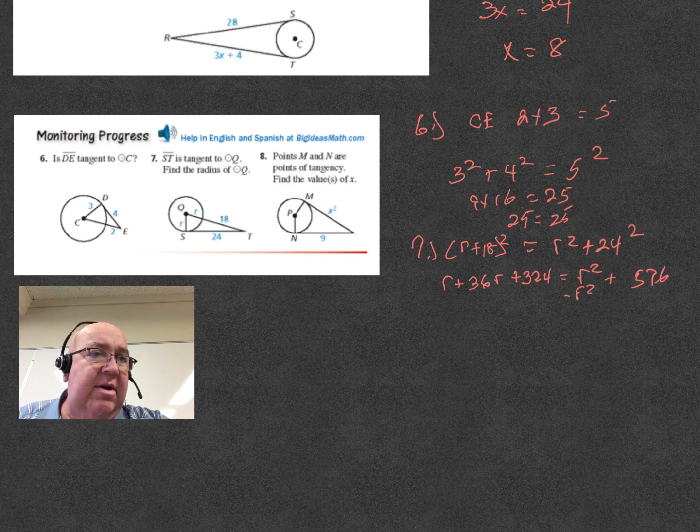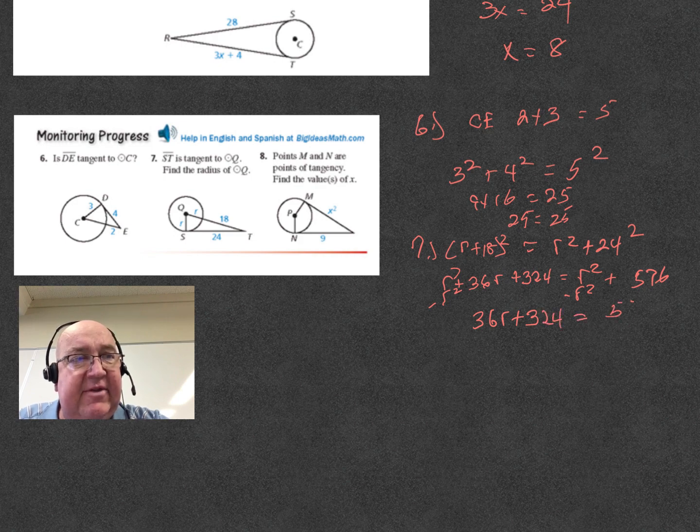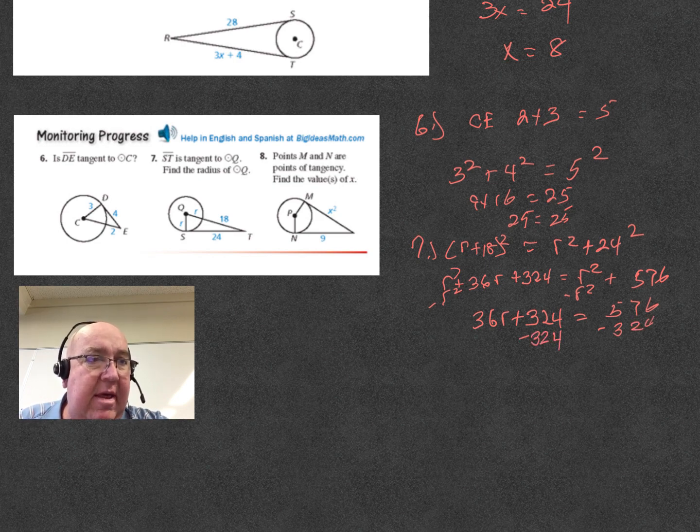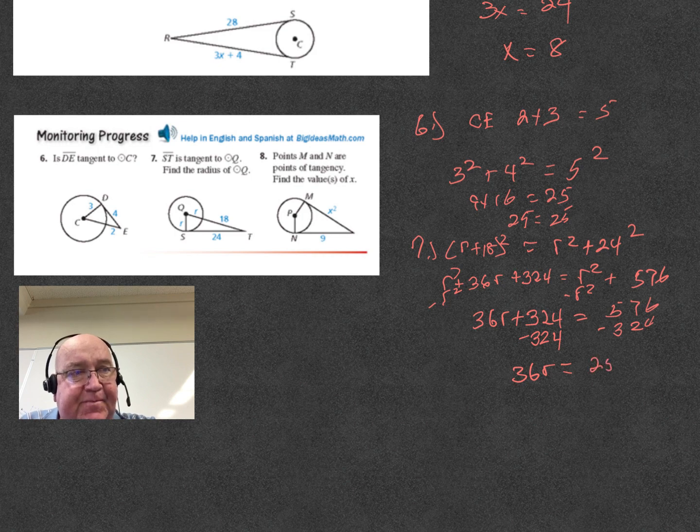Subtract r squared. We get 36r plus 324 is equal to 576. Subtract 324. We get 36r is equal to 252. Divide by 36 and we get r is equal to 7.